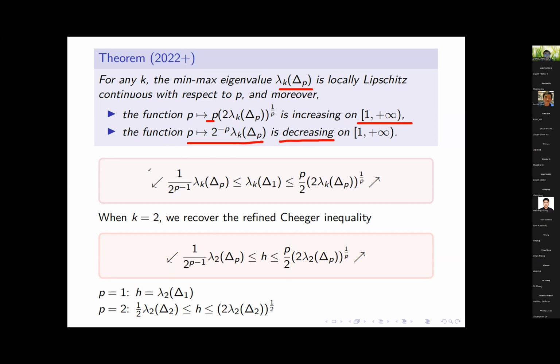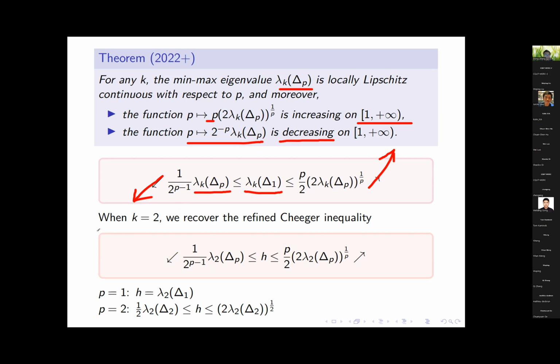And so we can get a relation, this time an inequality, that relates the k-th minimax eigenvalue of the p-Laplacian and the k-th variational eigenvalue of the 1-Laplacian. You can see that the left-hand side and the right-hand side are decreasing and increasing with respect to p.